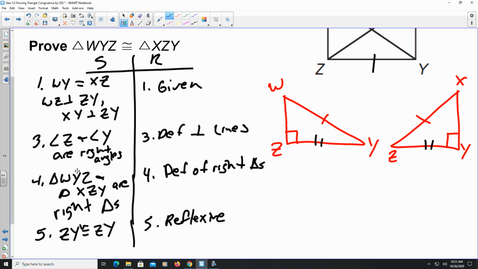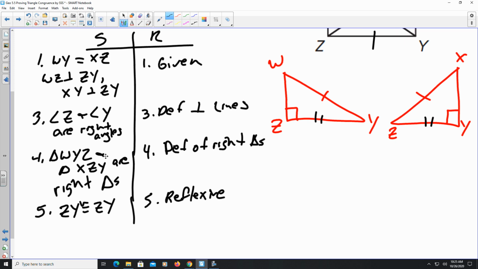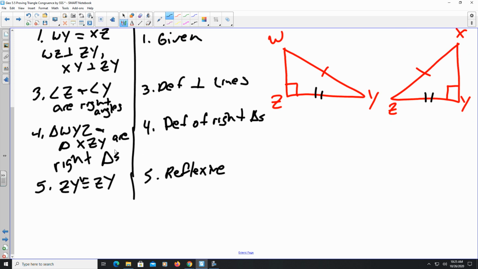And so since I have a congruent hypotenuse, another congruent leg, and I know it's a 90-degree angle, I can now conclude that triangle WYZ is congruent to triangle XZY using the hypotenuse leg theorem as our reason.